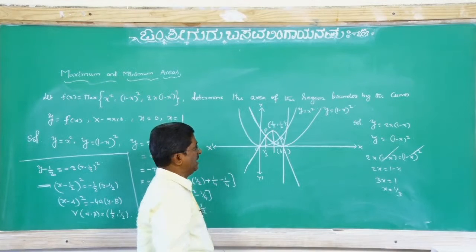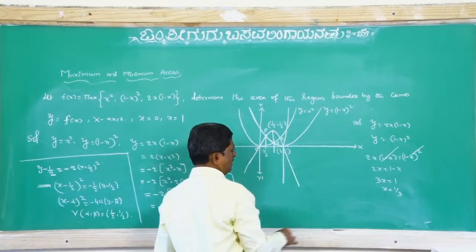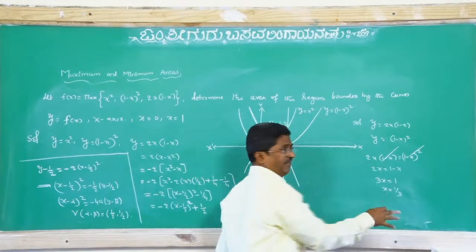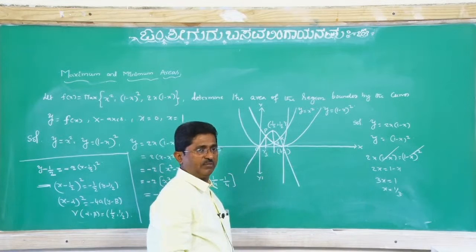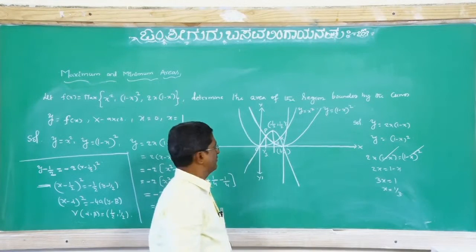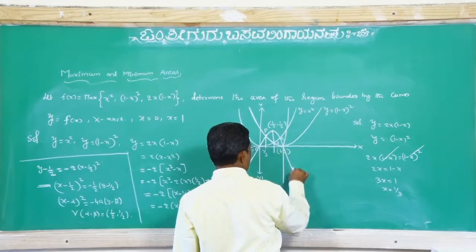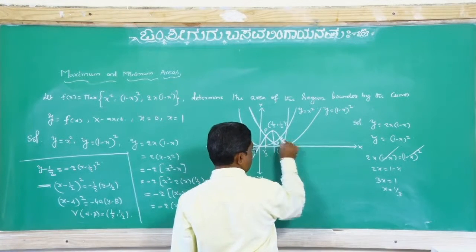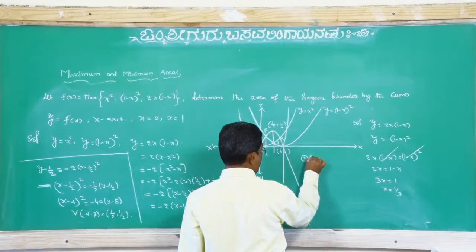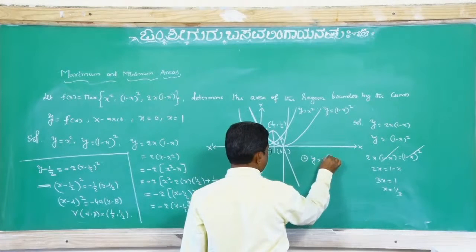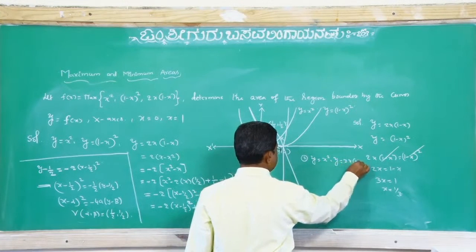Now I need this point of intersection R also. Even with x equal to 1 by 3, the y value is not necessary because we have to determine the area of the region bounded by the x axis only. Now solving the curves, the downward parabola and y is equal to x square. Second case: y is equal to x square and y is equal to 2x into (1 minus x).